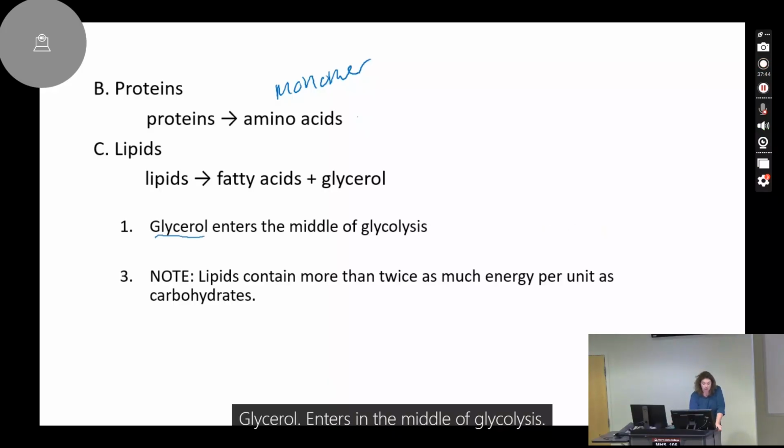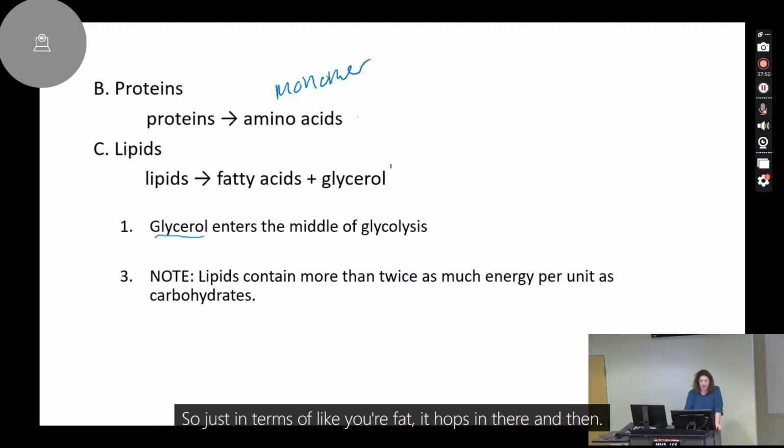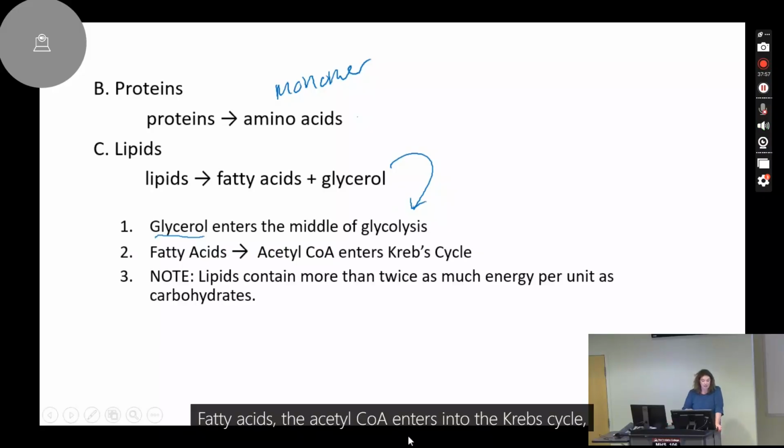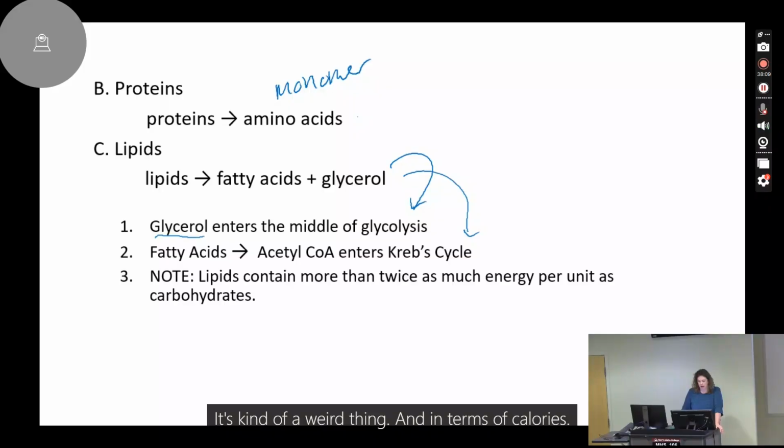Glycerol enters in the middle of glycolysis. So just in terms of your fats, it hops in there, and then fatty acids, the acetyl-CoA enters into the Krebs cycle. So these can just jump right on in to different points without being glucose to start. It's kind of a weird thing.